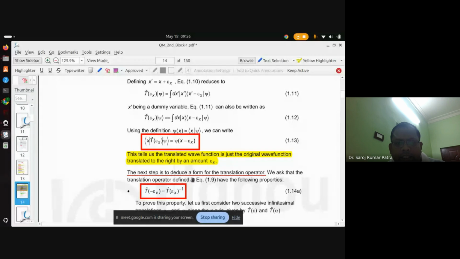So this tells us the translated wave function is just the original wave function translated to the right by an amount epsilon x.